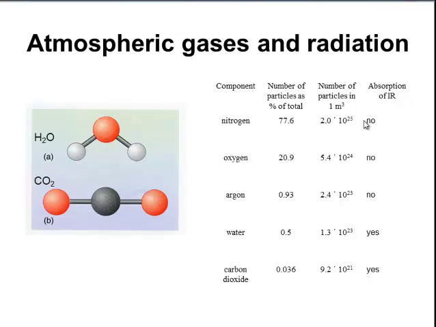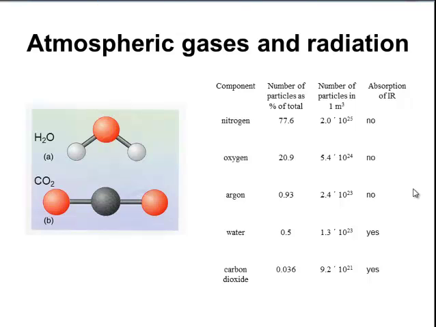That means they don't have any impact in either stopping the sun's light coming in or stopping the radiation which is reflected back from planet Earth. However, water and carbon dioxide do. So these become known as greenhouse gases because they can absorb specific types of infrared wavelength, allowing it to be trapped by the Earth's atmosphere.